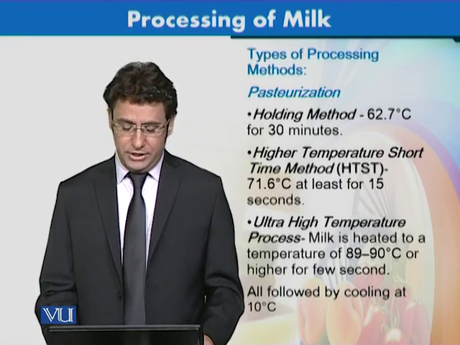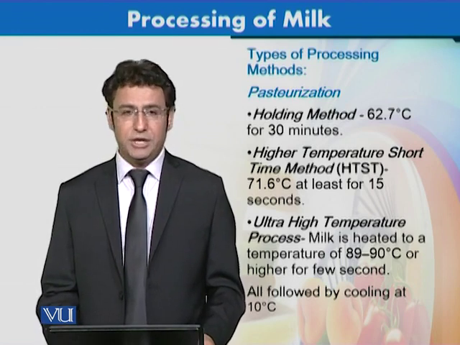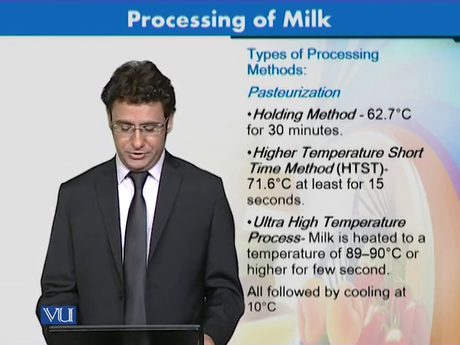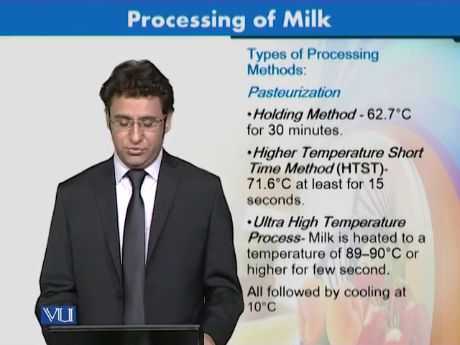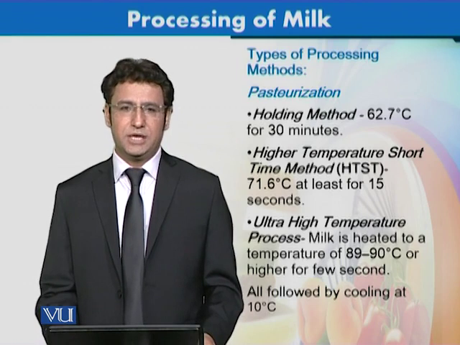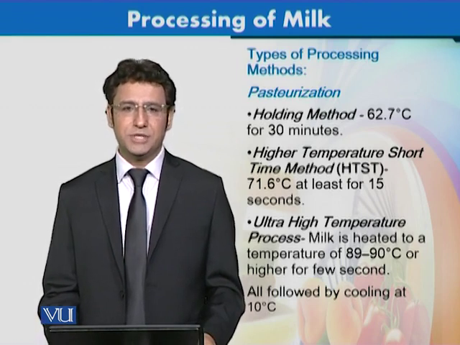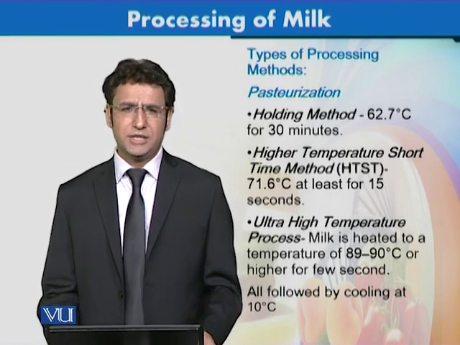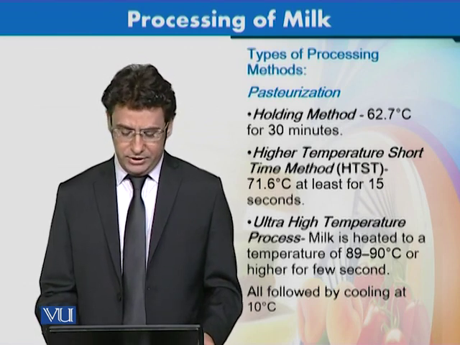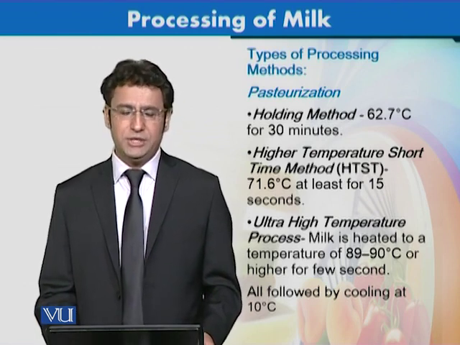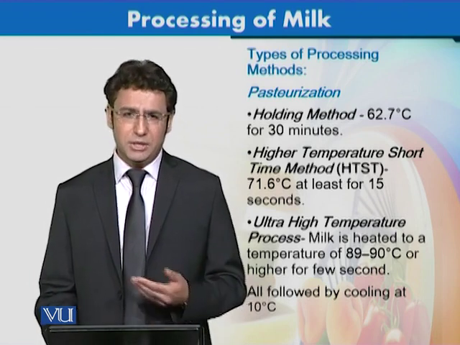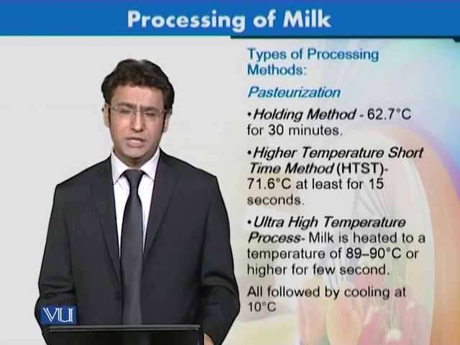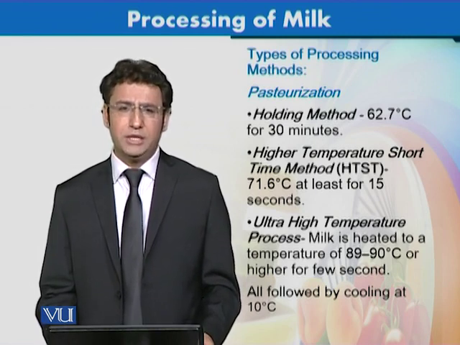Another approach is high temperature short time, also called HTST. So milk is heated at 71.6 degrees C for 15 seconds. This is called the HTST process of pasteurization. Similarly, there's another approach where we use UHT, or ultra high temperature treated milk, in which we normally heat the milk at 89 to 90 degrees C for a few seconds.